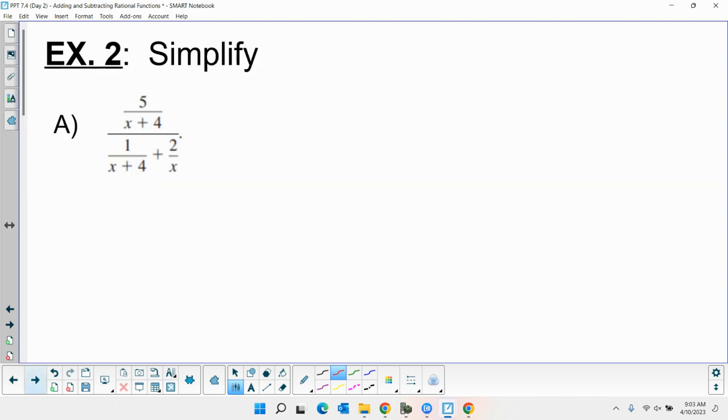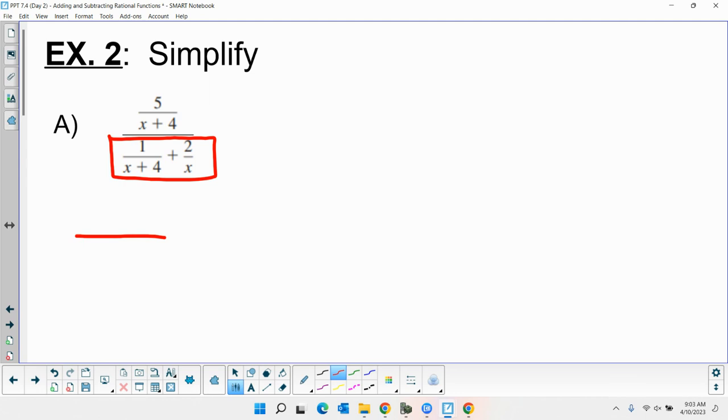All right, so let's see. When I usually do these, if I have addition or subtraction in one of them or both of them, I find those answers first. Okay, so I'm going to do this problem first.